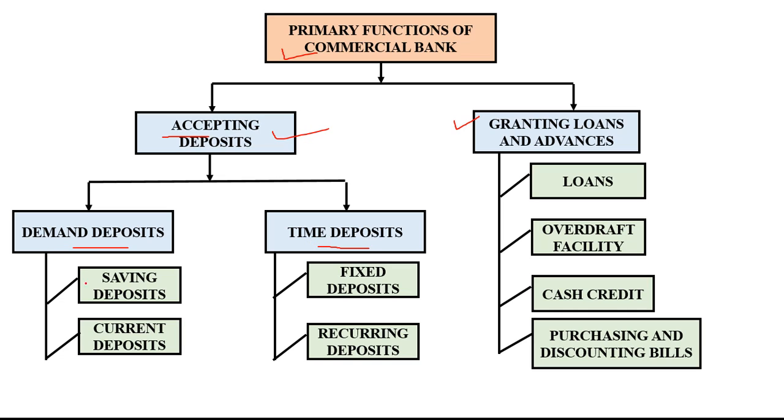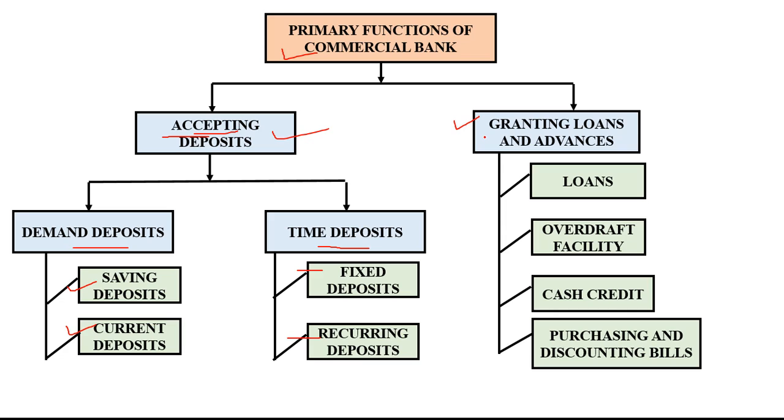Under demand deposits, there are savings deposits and current deposits, and under time deposits there are fixed deposits and recurring deposits. These are the deposits under accepting deposits, which is a primary function of a commercial bank.